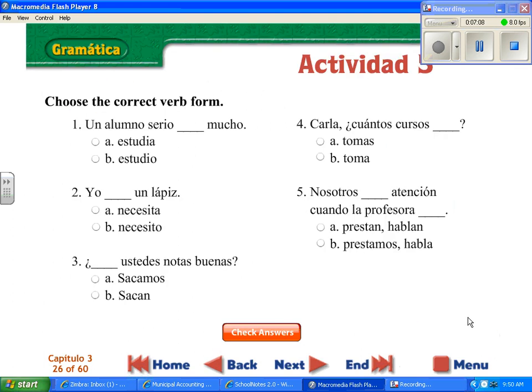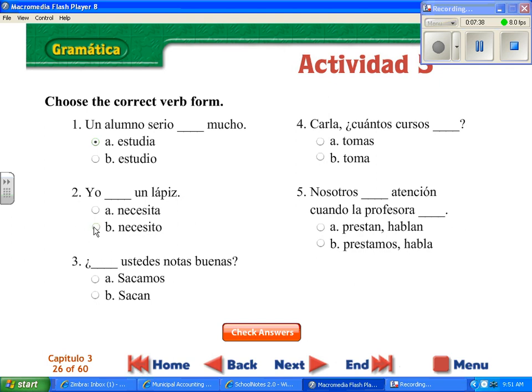Let's practice. Choose the correct verb form. Un alumno serio, estudia o estudio. Estudia mucho. Number 2: A. ¿Necesita o B. Necesito?